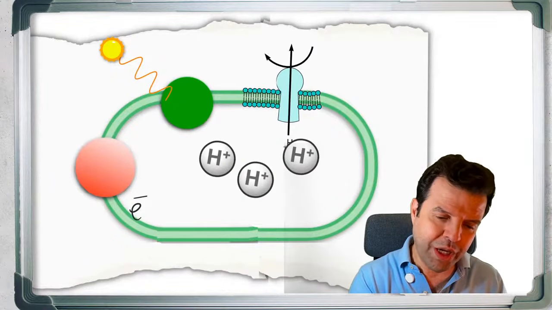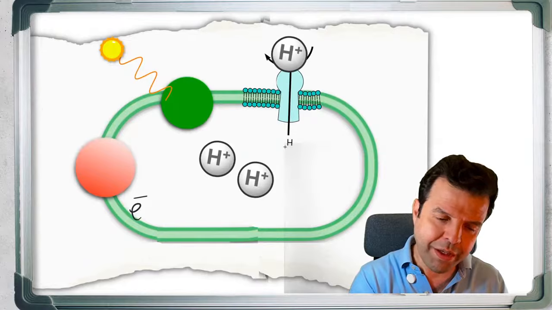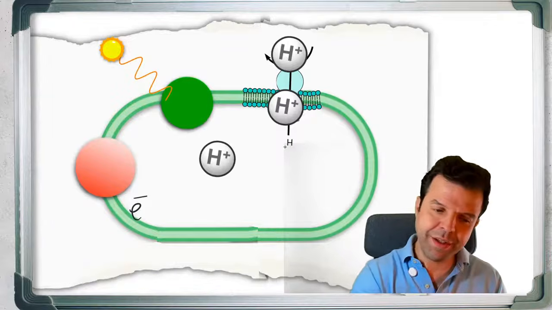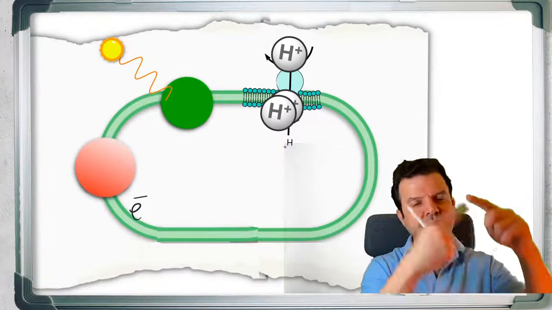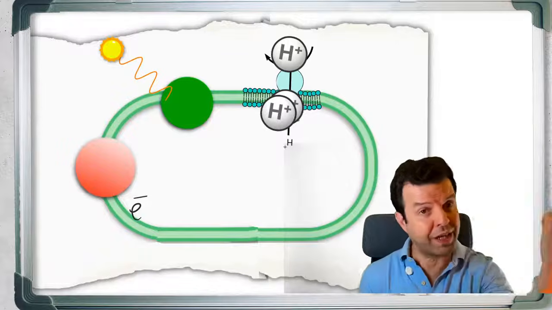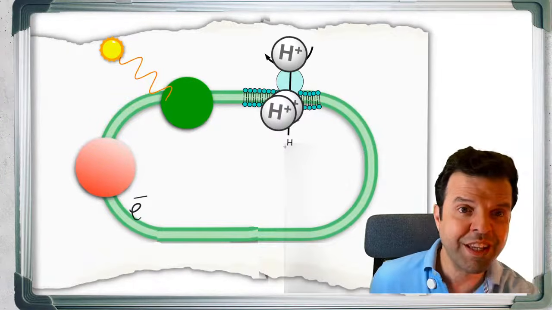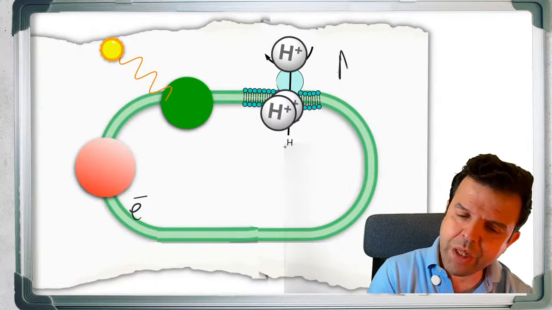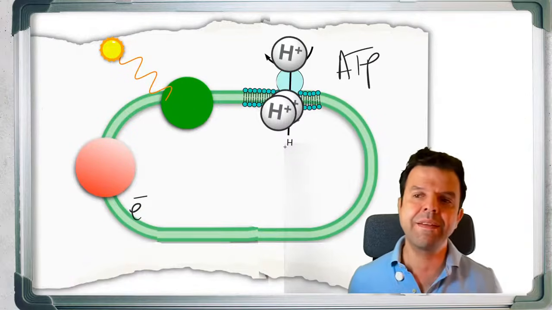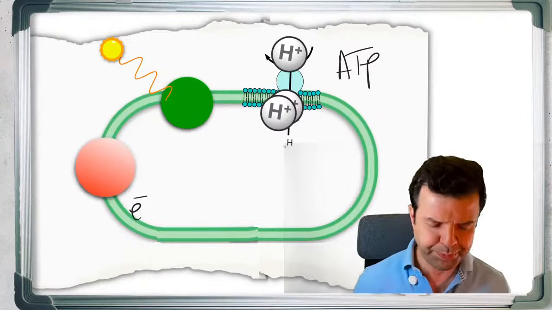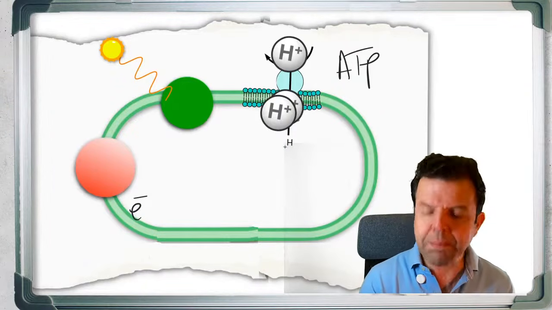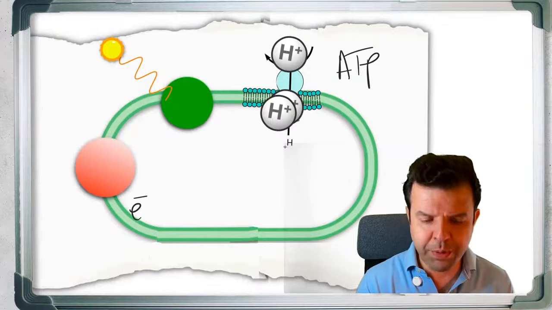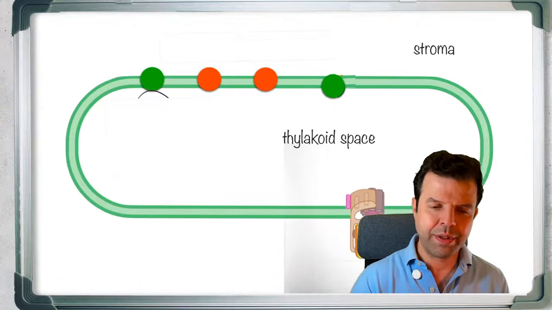Soon after, those hydrogens are going to flow back through a turbine. And while it's flowing, it will turn that, generate some motion, kinetic energy. This kinetic energy will help me to make ATP. I know it's complicated, but that's why I want to repeat it. So, here we go.